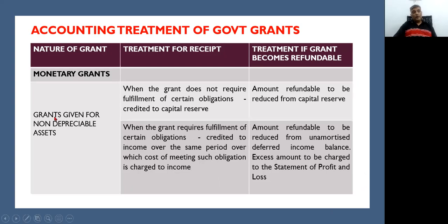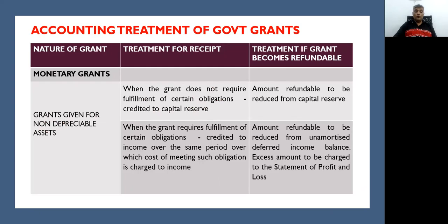Now, what about grants which are relating to a non-depreciable asset? When the grant does not require fulfillment of certain obligations, this is rare, but sometimes it does happen. So when you get a grant relating to a non-depreciable asset, and there are no strings attached, no obligations attached, then you can take it as a capital reserve, because it's like a capital profit.